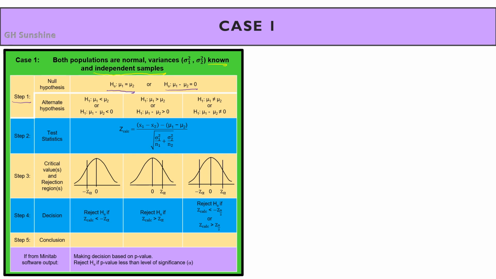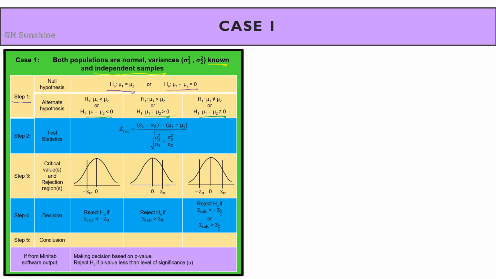Meanwhile, the alternate hypothesis H1 is based on the claim. Let's say the claim states less than, so mu1 minus mu2 less than 0. This one, mu1 minus mu2 greater than 0. And the last one is the two-tailed test, mu1 minus mu2 does not equal to 0.